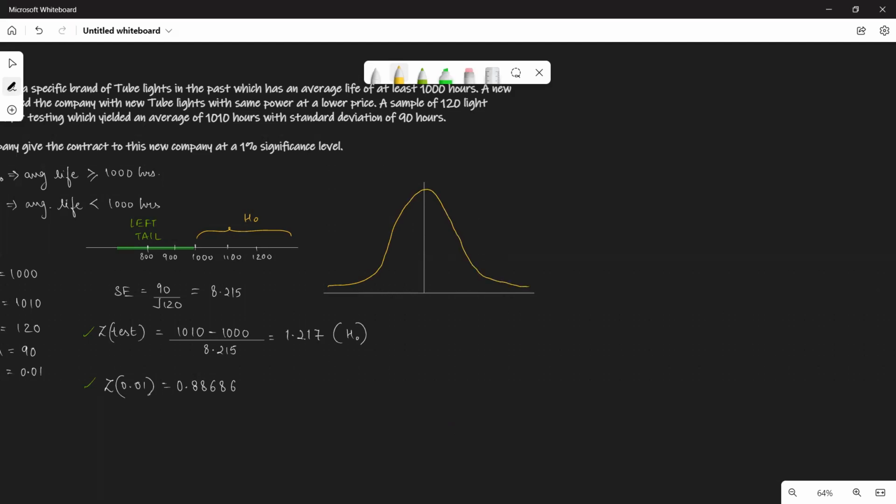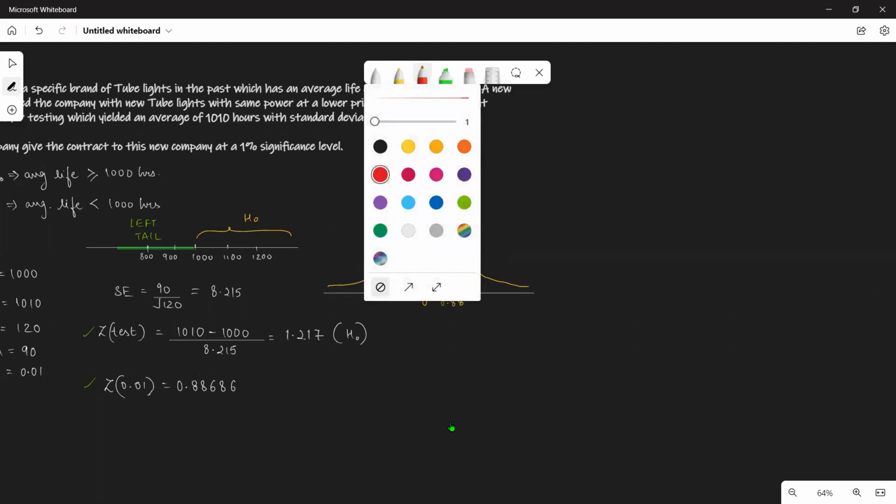Now, this is the 0 mark, and we are interested in 0.88. Let's say this is the 0.88 mark. So from here onwards, the rejection region is supposed to start towards the left side.